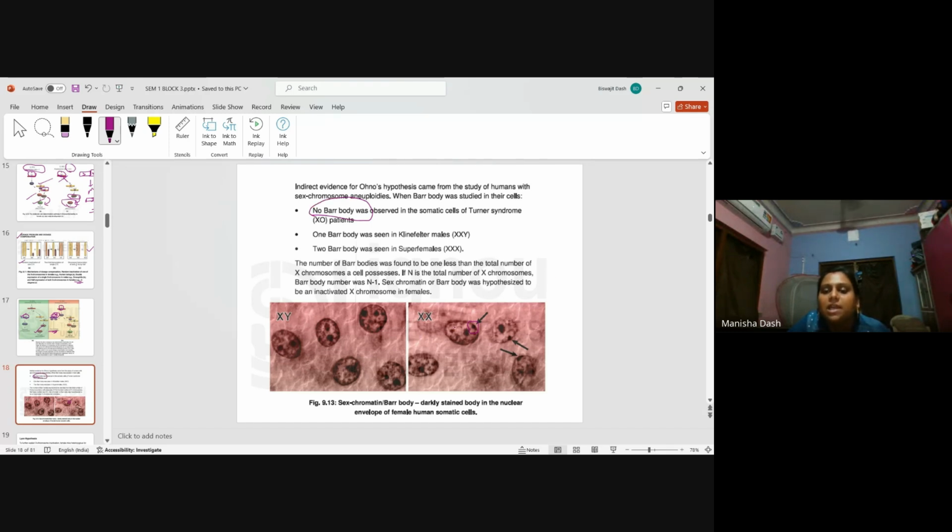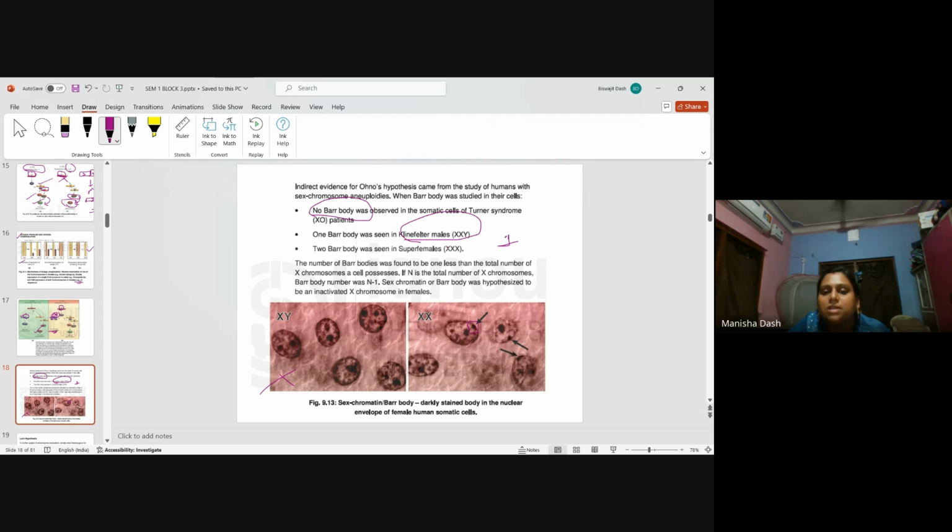In a genetically normal female, there will be only one bar body found in the somatic cells. In a male, there should not be any bar body. There is only one bar body in female, no bar body in male.